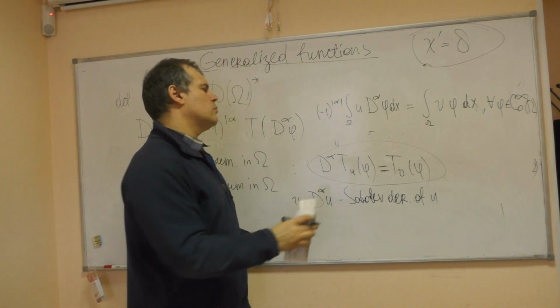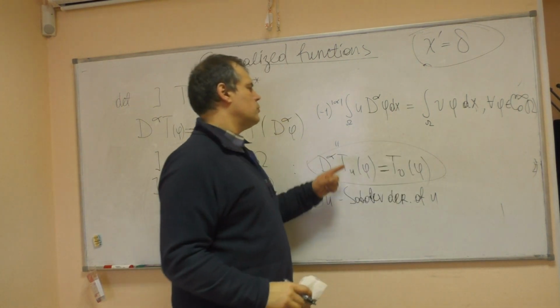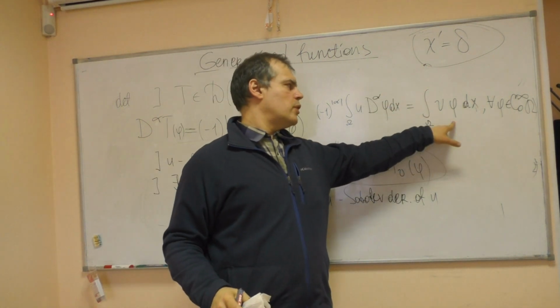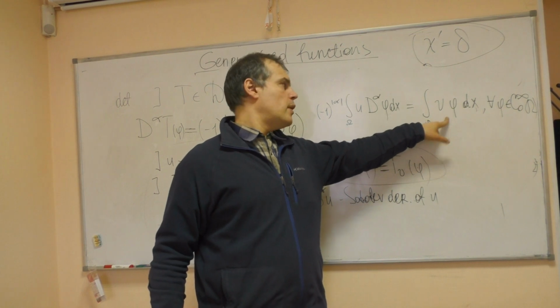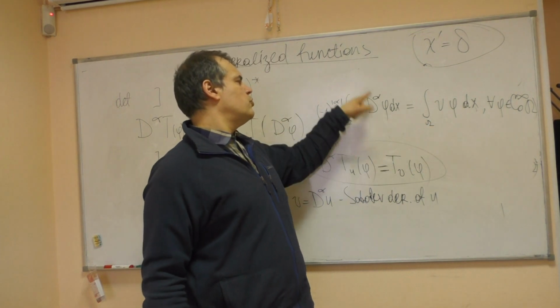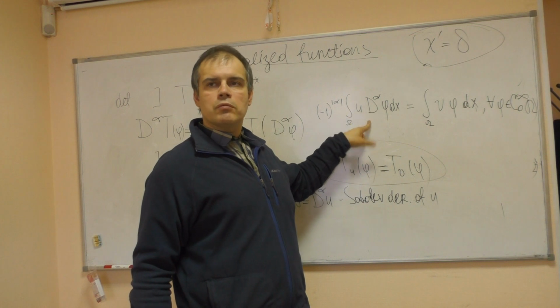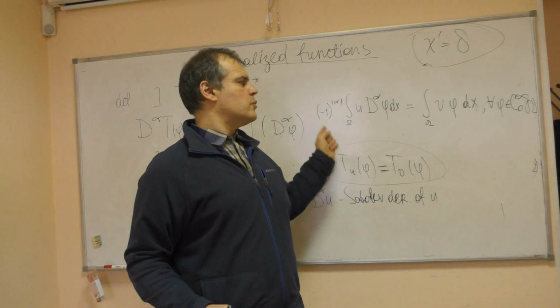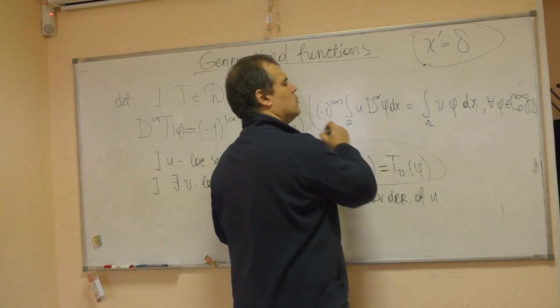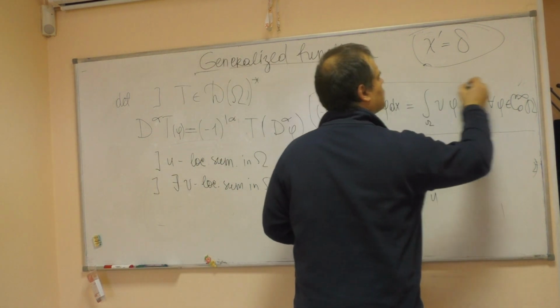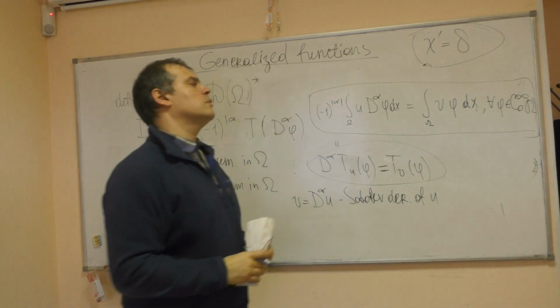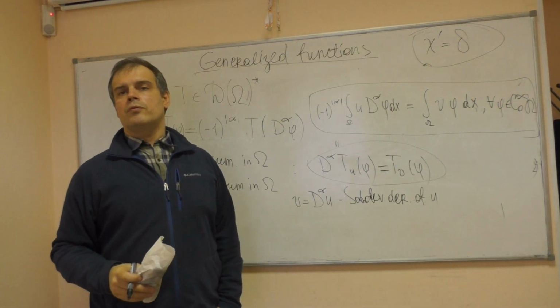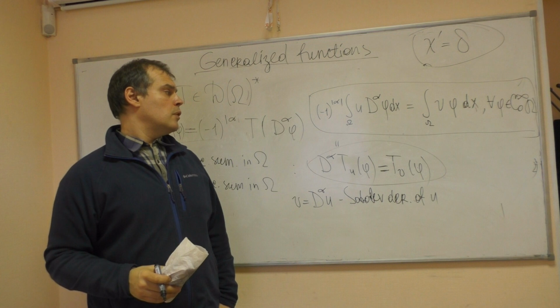If we recall what the regular distribution written by f is, and what the derivative of the distribution corresponding to u is, we obtain this formula. So it's the equivalent definition of the Sobolev derivative.